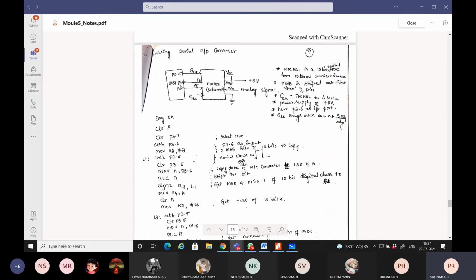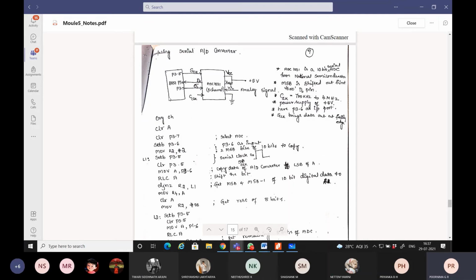From the ADC, there is only one pin, that is the D0 pin, which is connected to 8051 to convey the digital data information. Since a single bit is going to convey the digital information to 8051, it is termed a serial analog to digital converter.